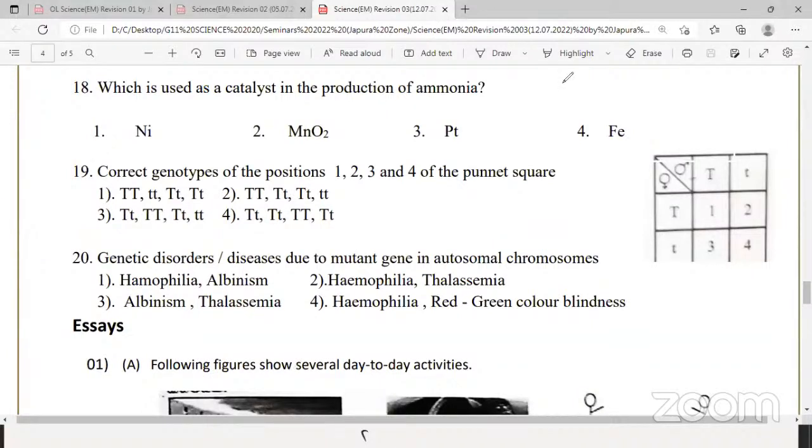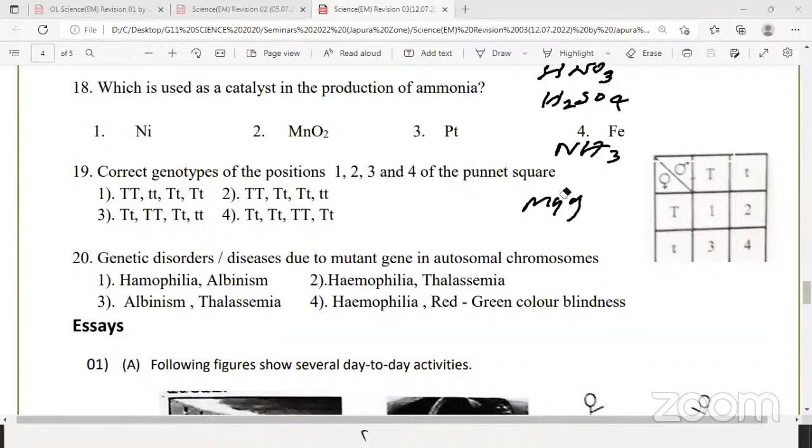Nitric acid industry, sulfuric acid industry, H2SO4 as battery acid, chemically widely used in industries. Then you get ammonia, NH3, and margarine. You should know the catalyst used in each industry. Nitric acid, what is the catalyst used?